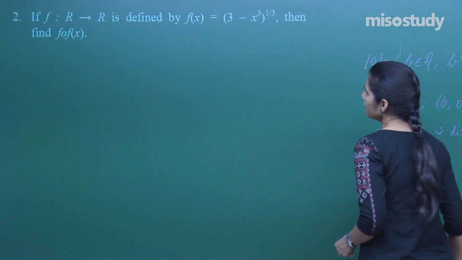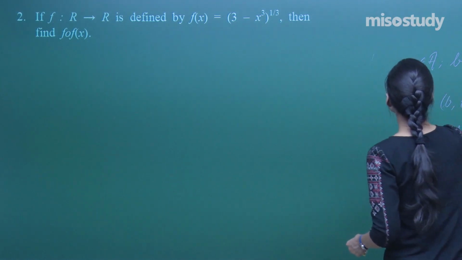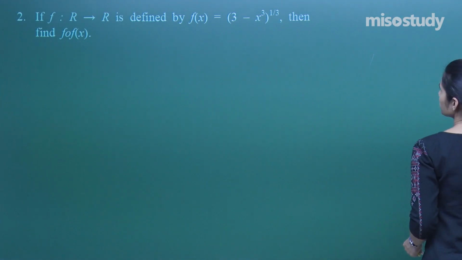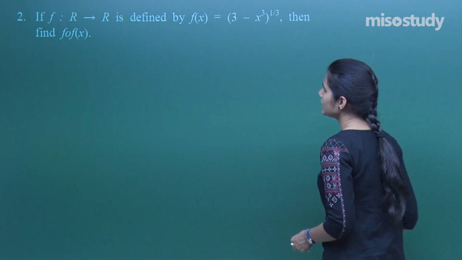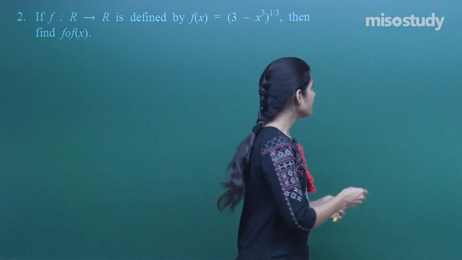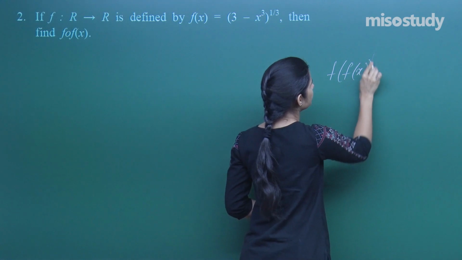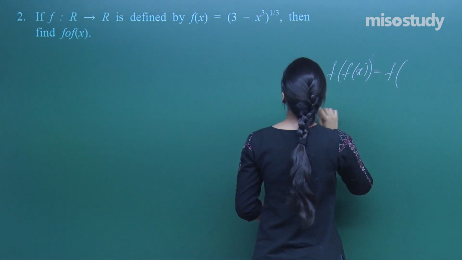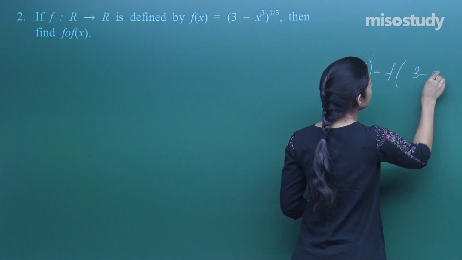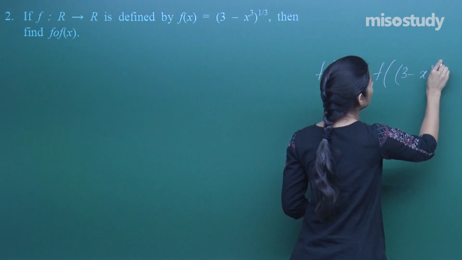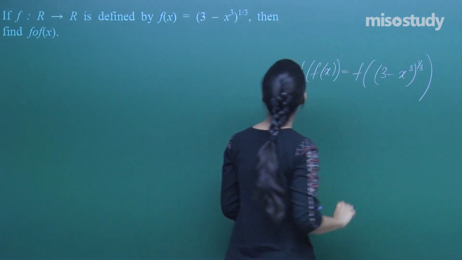Next you have f, a function from the collection of all reals to the collection of all reals, defined in this manner. Find f of f of x. Let's try and find, this is pretty simple. f of x is what? (3 minus x cube) whole to the power 1 by 3.